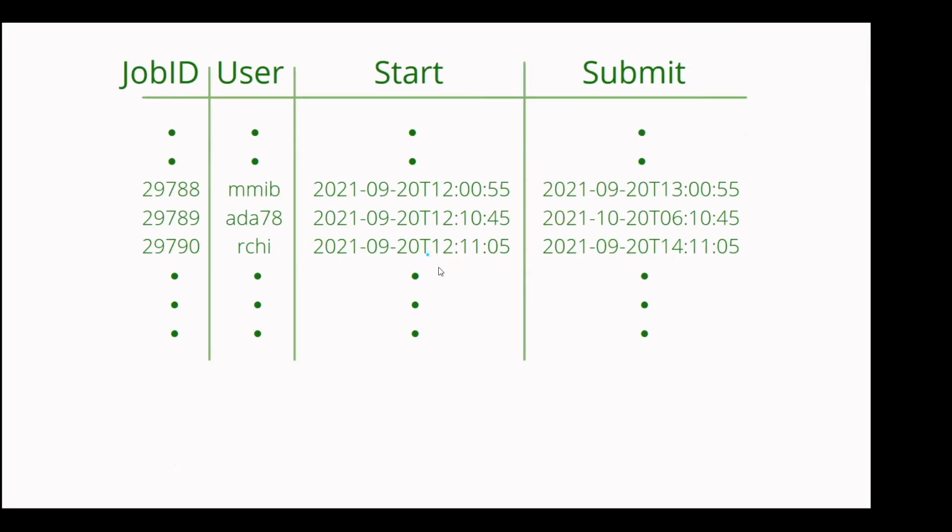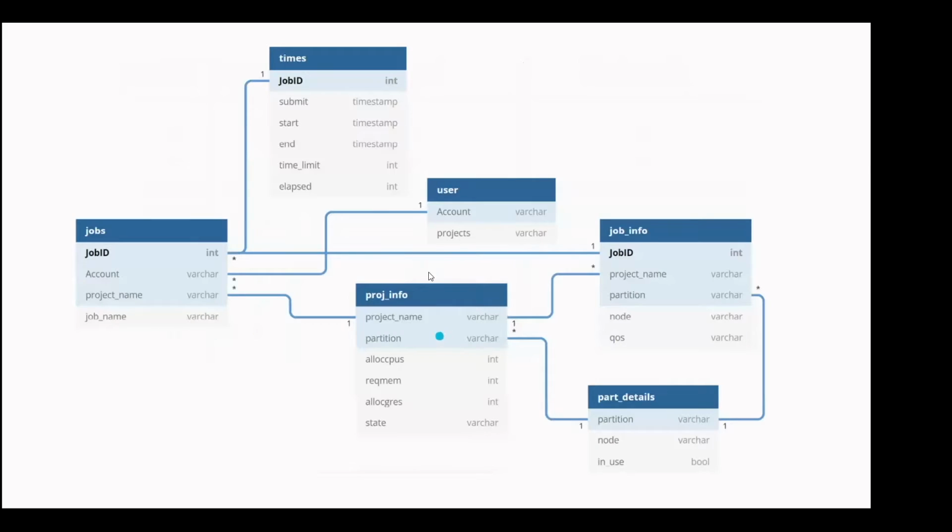So if you go to the next one, what we came up with is this table here. Going from left to right, we've tried to split the parameters as logically as possible into how they're grouped. Starting with the core is the job ID, and that's the secret source to everything.